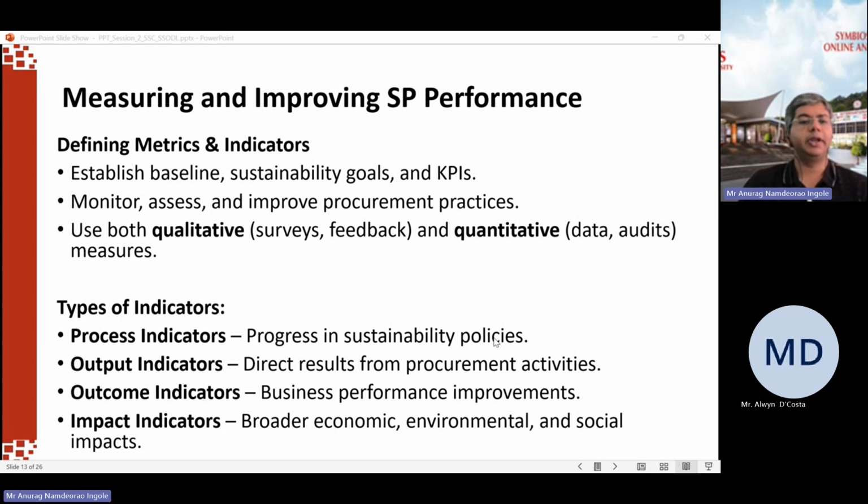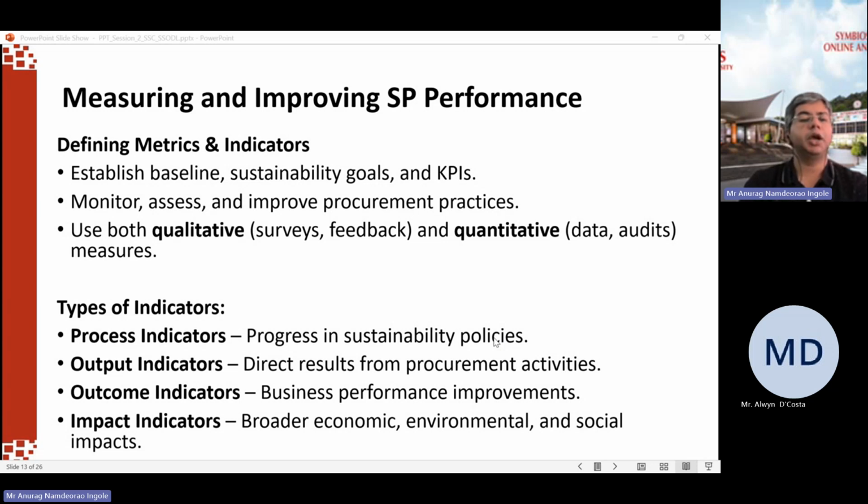There are different types of indicators which you can have, like process indicators, which will give you visibility on the progress in sustainability policies. There could be output indicators, which are direct results of your procurement activities. If you want to reduce energy use, reduce costs, or reduce wasted resources, those are your output indicators, which will give you direct results.